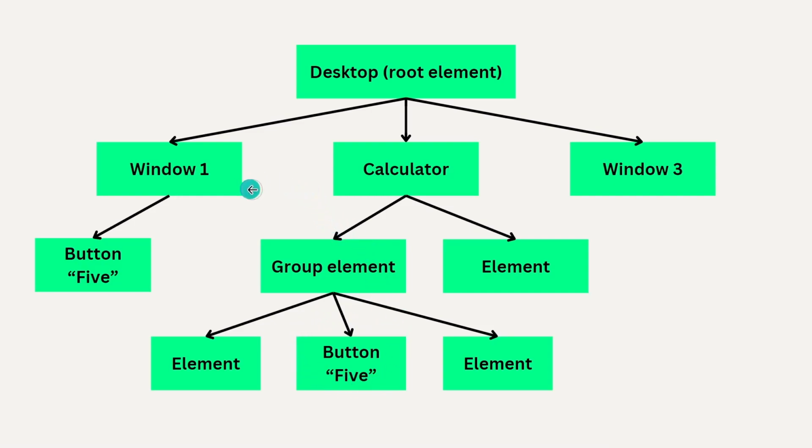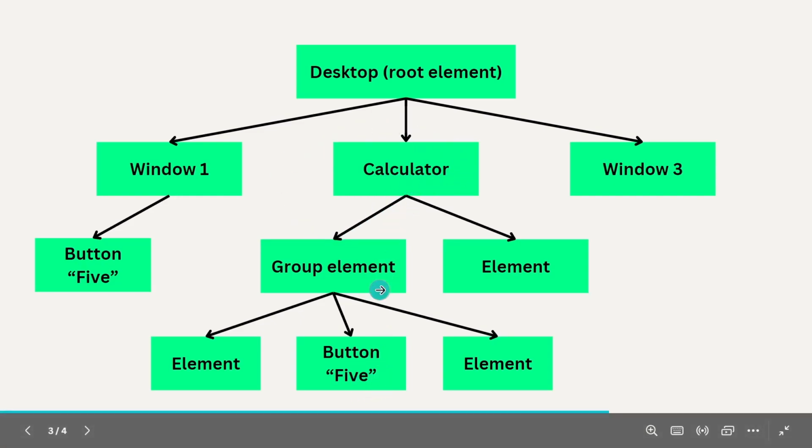However, another window such as window 1 might also have a button named 5, and we don't want to click that. So we need some way to specifically get the calculator Windows button 5.